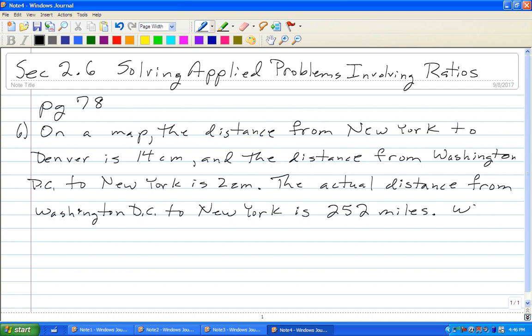What is the distance from New York to Denver?